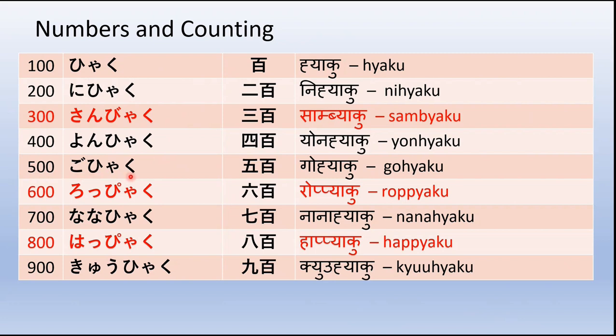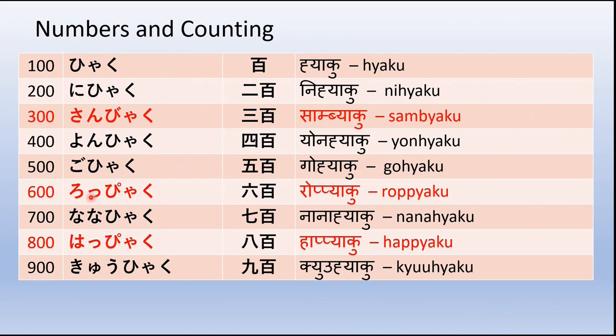500 is go hyaku. 600 is, again, an exception. Instead of roku hyaku, we call it ropyaku. Here you can see we have a double consonant because there are two consecutive P sounds.